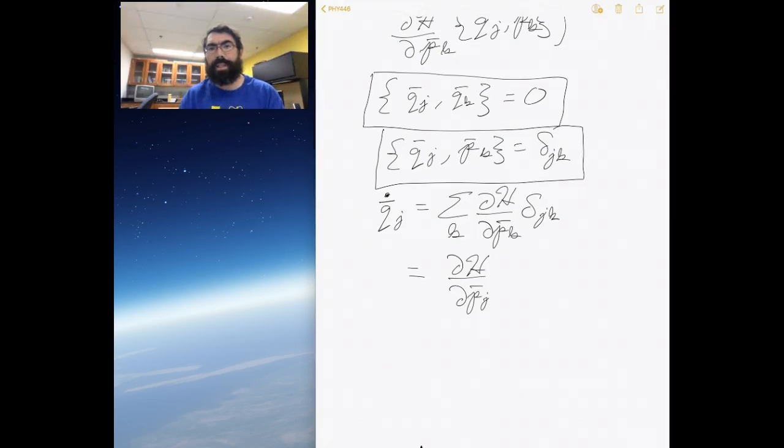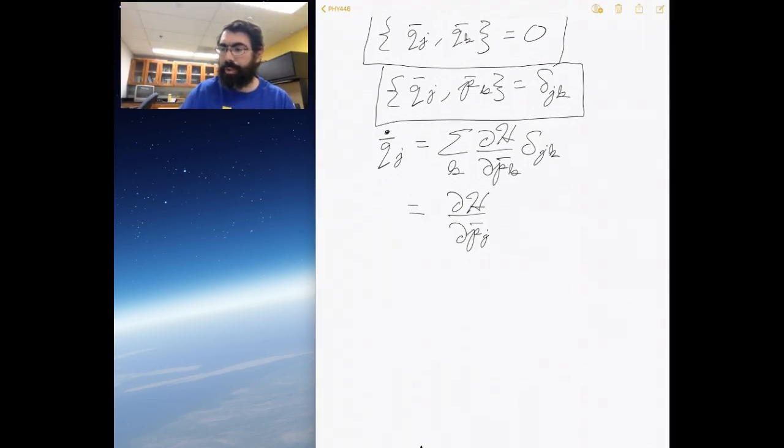And so this is going to be now our condition. The other condition we could add to it, which we didn't work out here, is the Poisson bracket of the momenta, pj and pk, should also be 0.